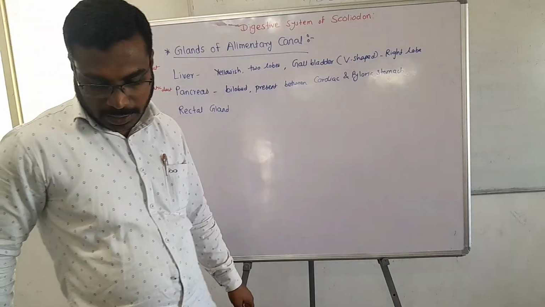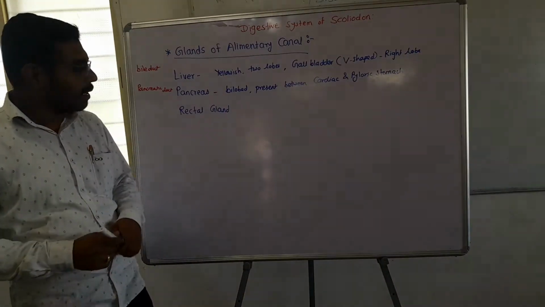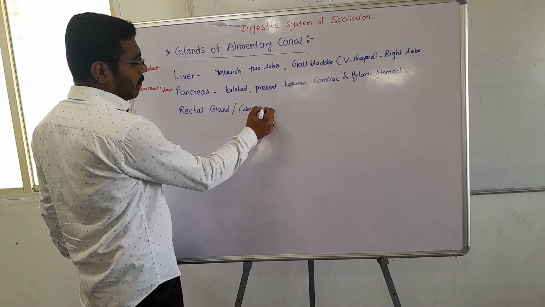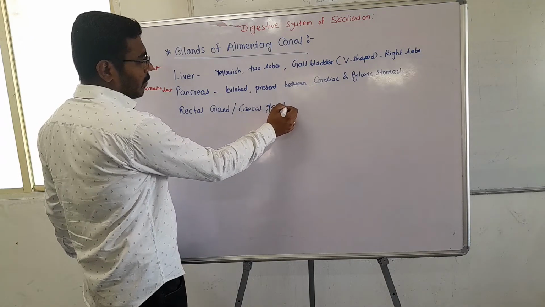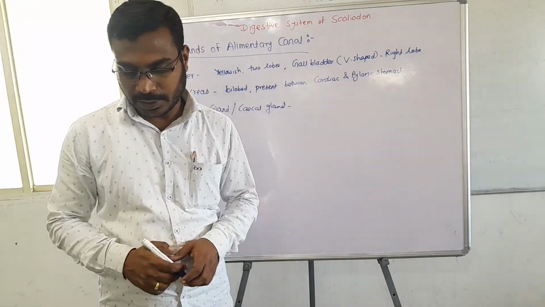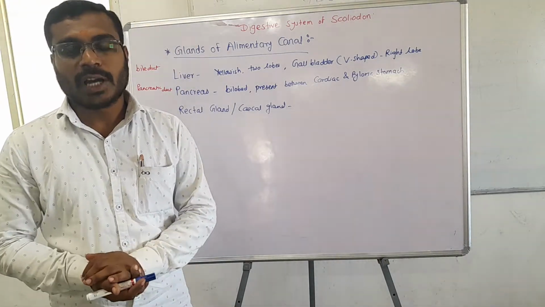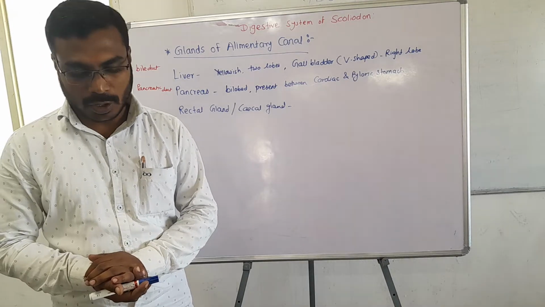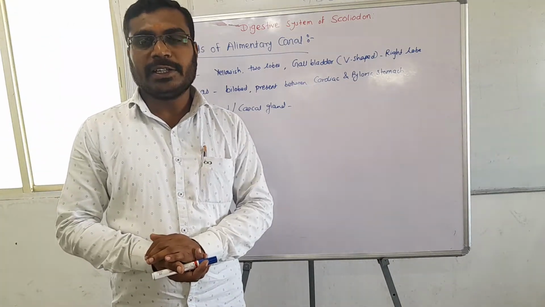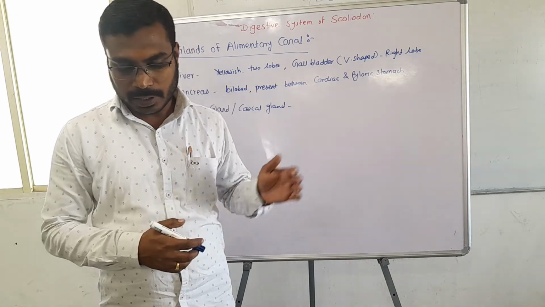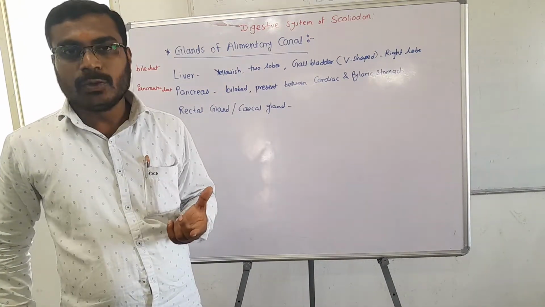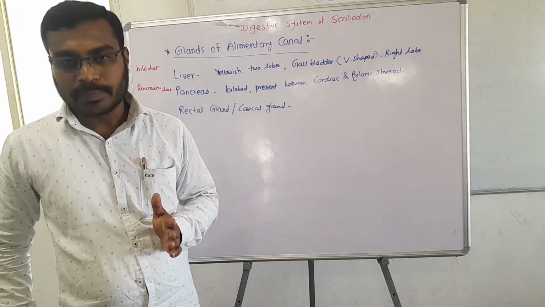Then the rectal gland. The rectal gland is also called the cecal gland. This cecal gland is a short, thick diverticulum which arises from the dorsal wall of the rectum, and it discharges its fluid into the intestinal lumen.